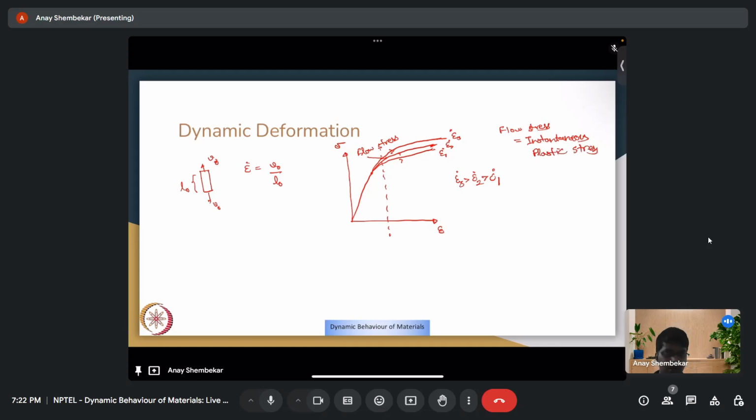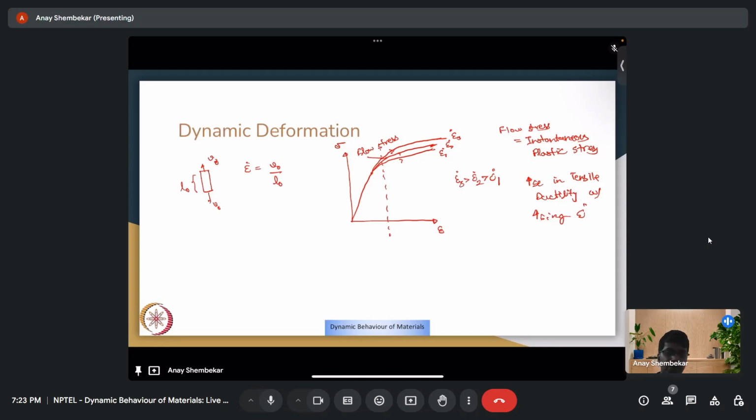So again, simple, straightforward, following from basic strength of materials courses. And you also see that as this epsilon dot increases, there is an increase in tensile ductility with increasing epsilon dot. So this is what we observe from testing.